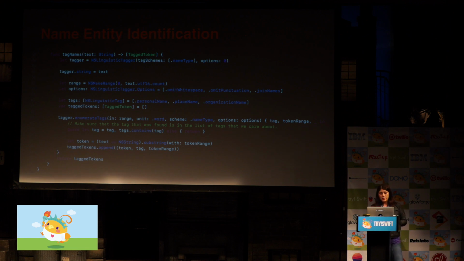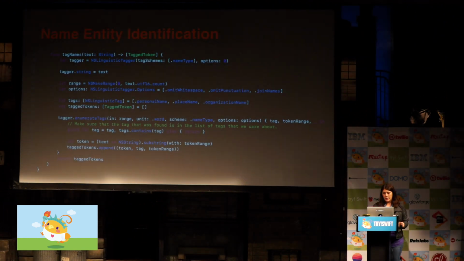And also, in this case, we're looking for 3 specific tags: I use an array that contains personal name, place name, and organization name, so that when we receive our tags, I can check against that array to make sure they're the ones relevant to my needs. Again, returning an array with my tag tokens.